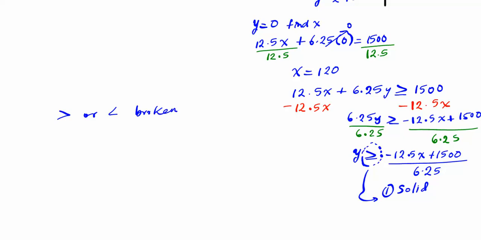But if you have greater than or equal or less than or equal, it's solid. Remember, that equal means include the line. A second fact is that it's greater than, so we're going to shade up above the line.